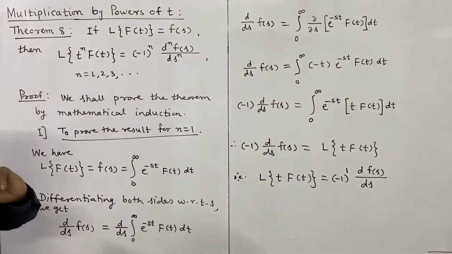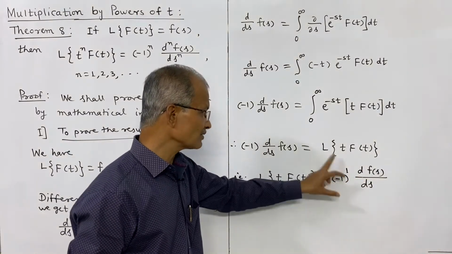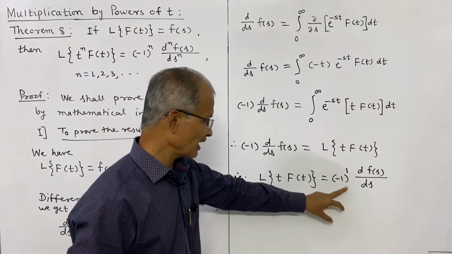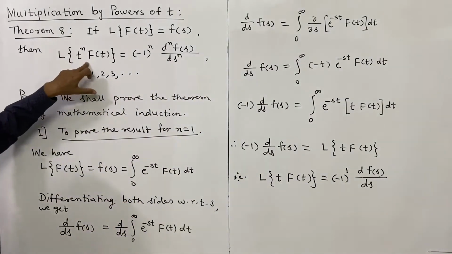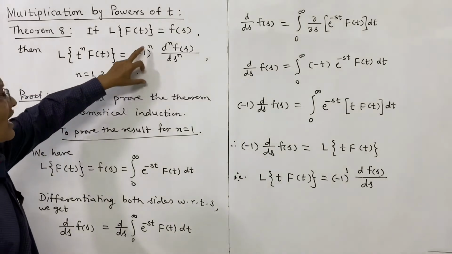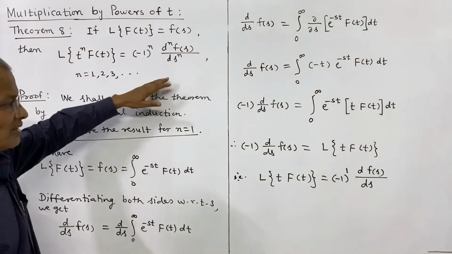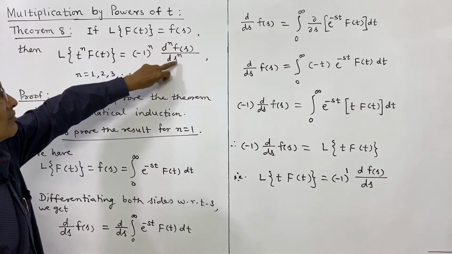Why have I written 1 here? This is the first order derivative, and this is minus 1 actually, but I have written minus 1 power 1. So this shows that the result is true for n equal to 1. Put n equal to 1 here, we get L of t into f of t, and the right side is minus 1 power 1, which is actually minus 1, and d1 means only d, dF(s) by ds.